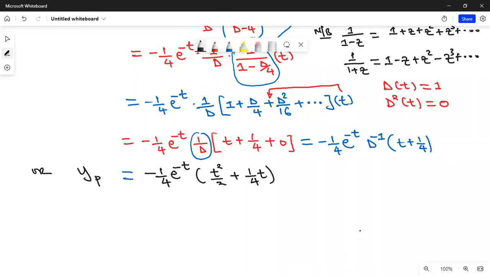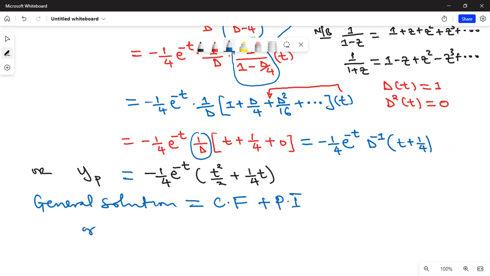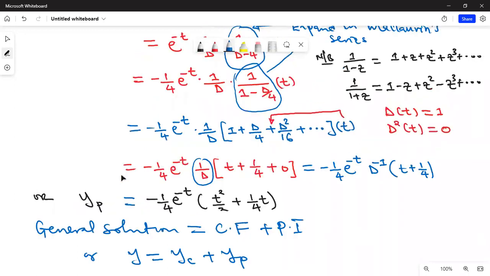So we write here that the general solution is equal to the complementary function plus the particular integral, or y is equal to yc plus yp. Let me replace those functions.